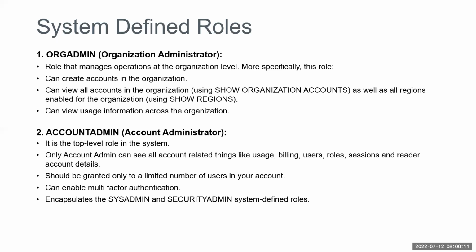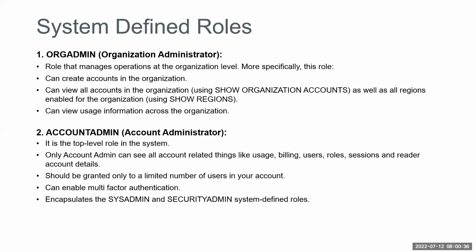Okay, and what are all the regions they are using, everything about all the Snowflake accounts, he can view that information. Okay, and he can view usage information across the organization. Suppose under the Snowflake account 1 we are consuming 100 credits, and our Snowflake account 2 we are consuming 150 credits per month. So that usage information across the organization he can see.